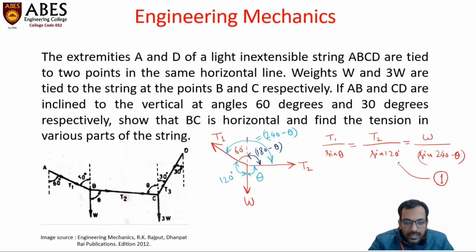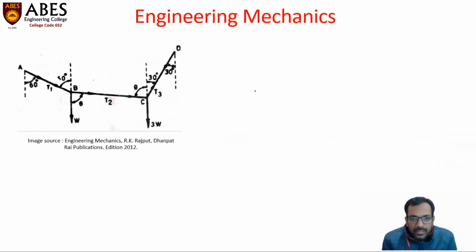Now, as we have considered this junction B first, now we will consider the second junction C, and we will draw the free body diagram of this junction C. So let us draw the free body diagram of this junction C. Suppose this is the junction C. This is the force which is acting in this direction CD, and the value is T3.